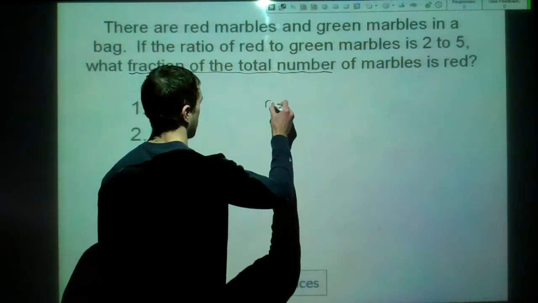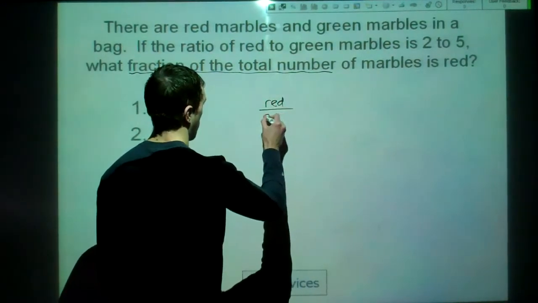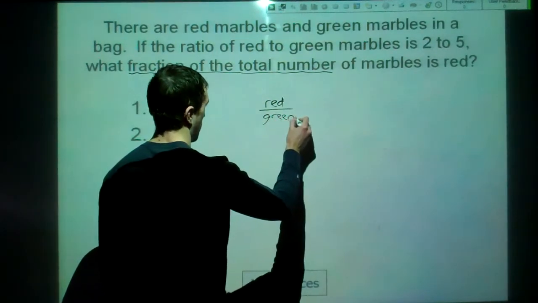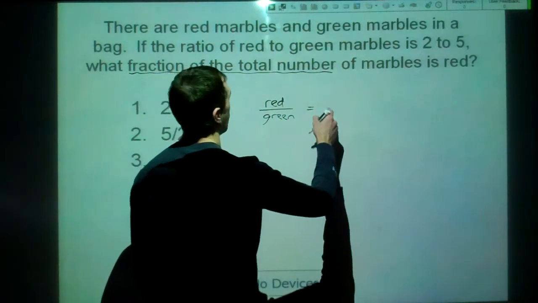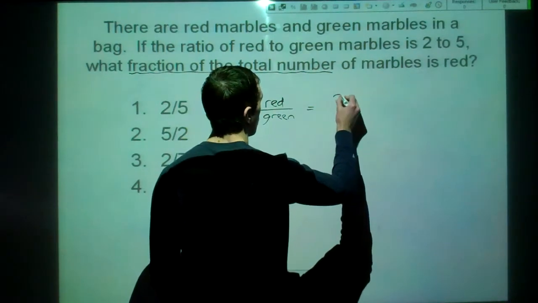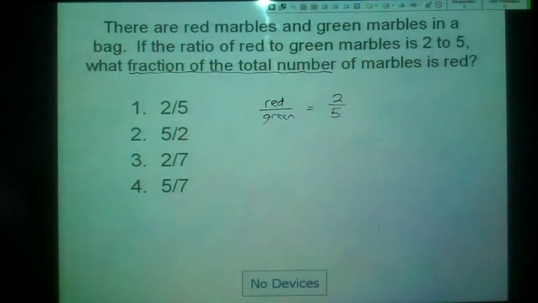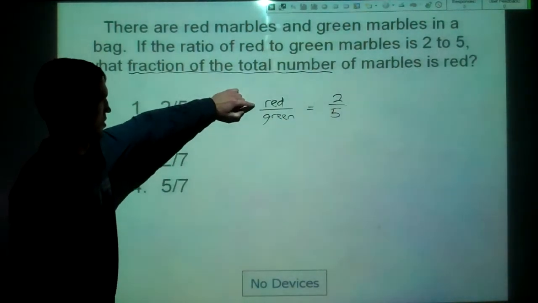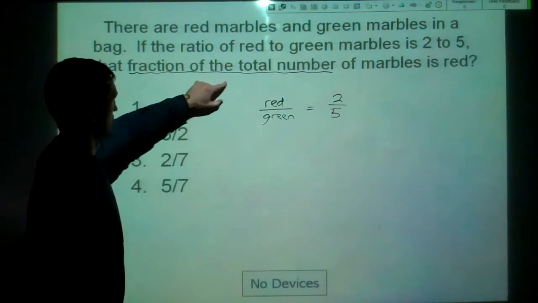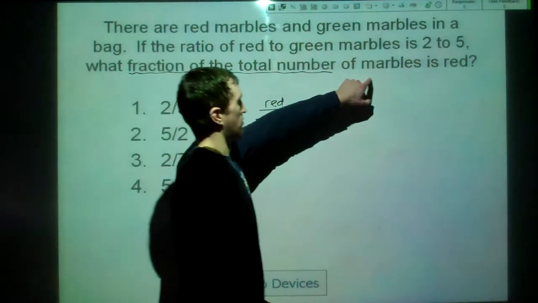So we've got red to green. So let's do this. So red is 2 and green is 5. So a ratio of 2 to 5 there. We want to figure out what fraction of the total number of marbles is red.